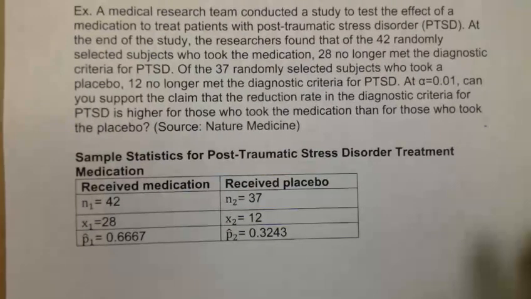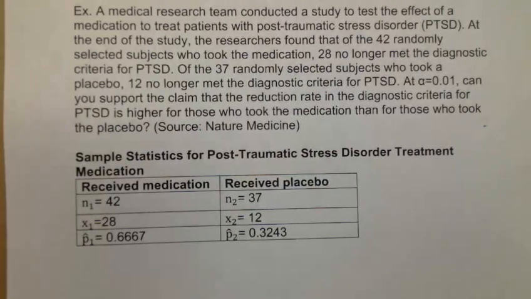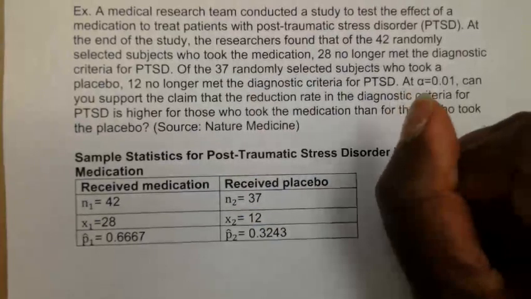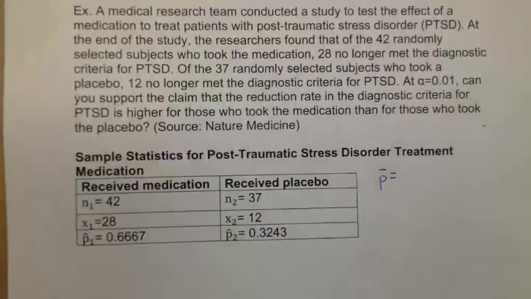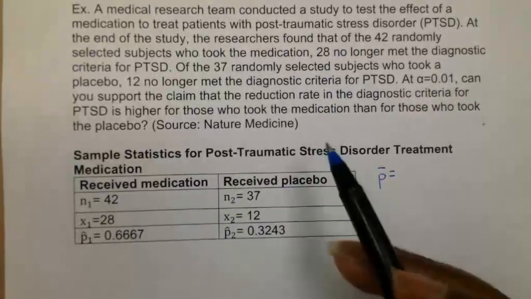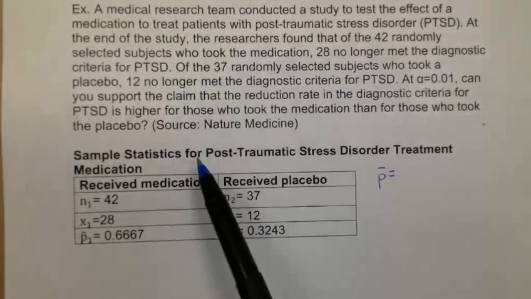All right, so we do know it's random. We do know the samples are independent. Now we have to find our weighted mean. They gave us X in these problems. They didn't give us P hat.